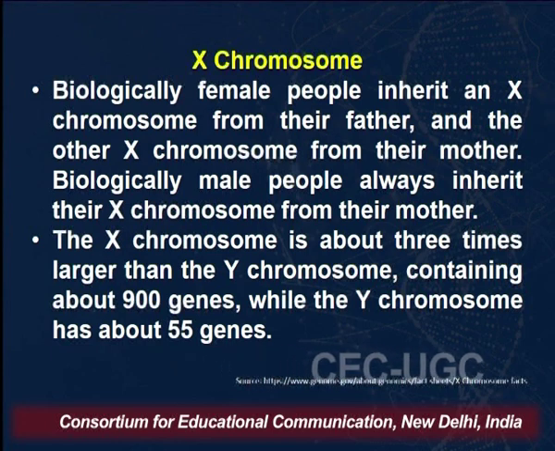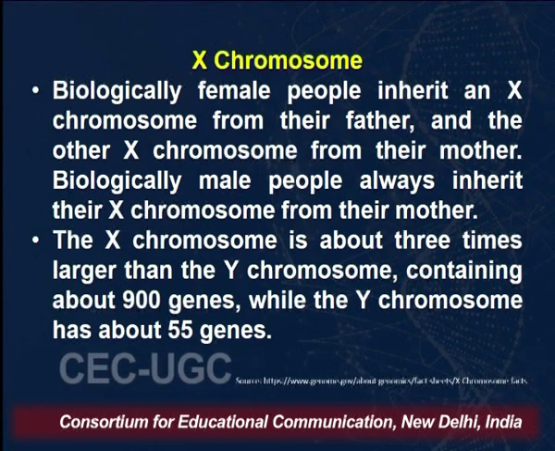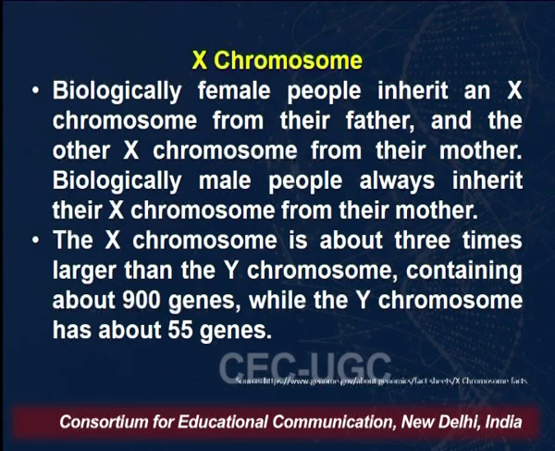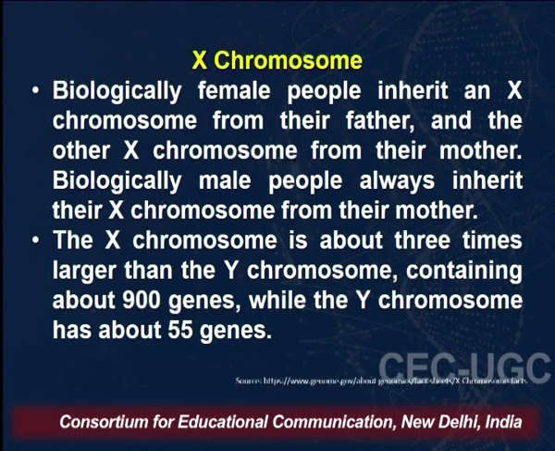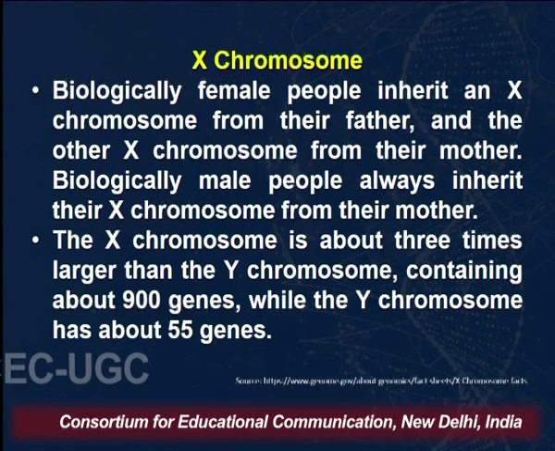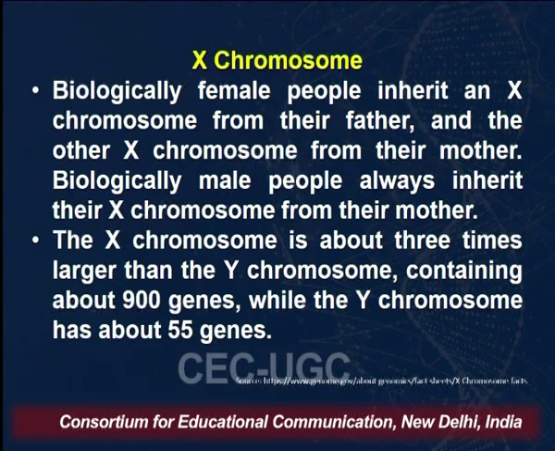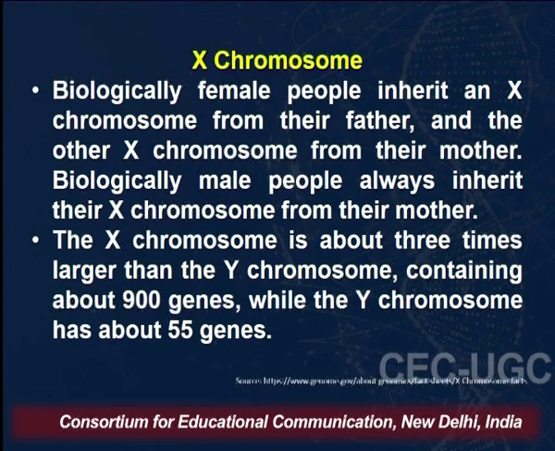In most cases, biological males always inherit their X chromosome from their mother. Now, the X chromosome is about 3 times larger than the Y chromosome and contains about 900 genes, while the Y chromosome, present in males, has about 55 genes.